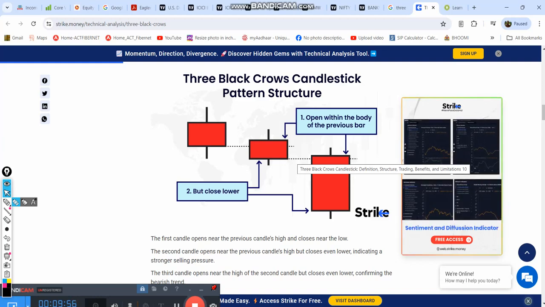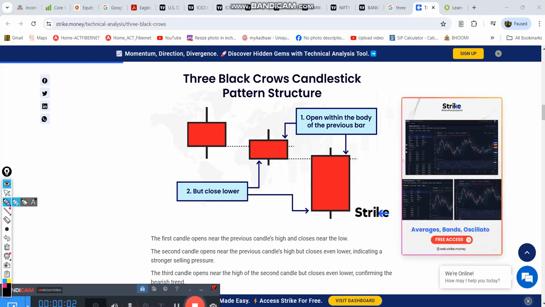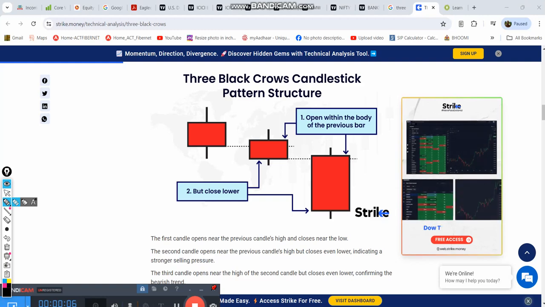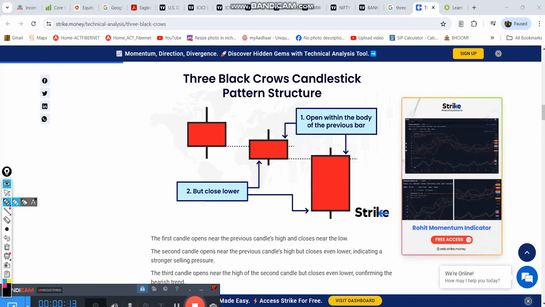So this opens within the body of the previous bar but closes lower.